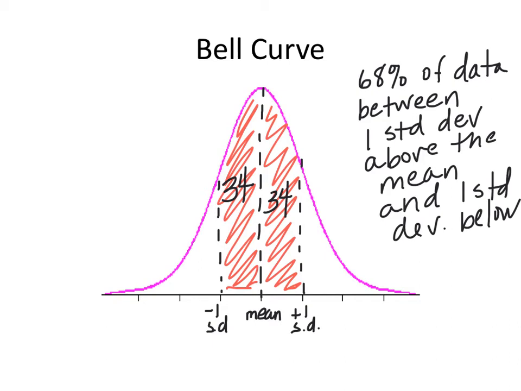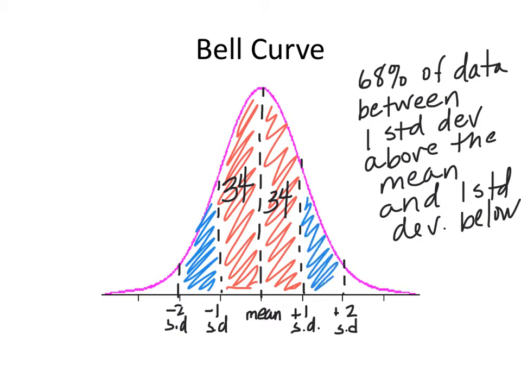If we keep going, we can go out. We know our rule also tells us that 95% is within two standard deviations of the mean. So if we go out another standard deviation, so we're adding two standard deviations and we're subtracting two standard deviations from the mean, then we know that we have another part of our curve that includes data, not as much because we can tell that's a smaller space.